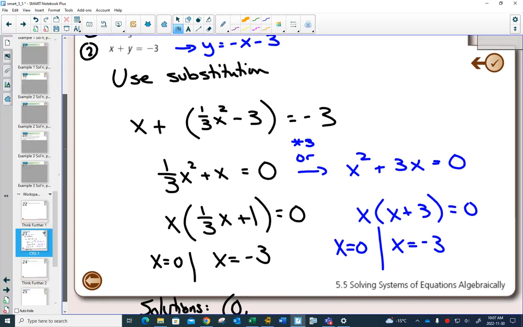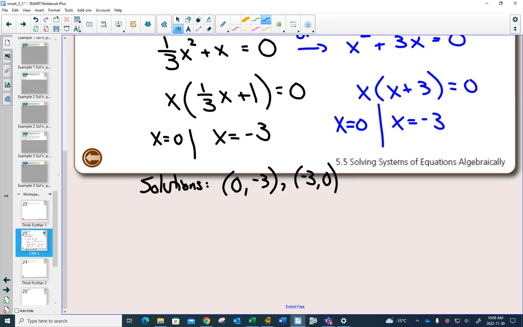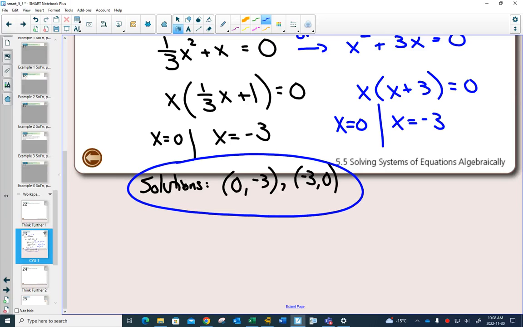Scroll up just a bit so you can see the negative x minus 3. If you plug in 0, you would get negative 3. The other solution is when you plug in negative 3. If you plug in negative 3 for x, negative 3 would be positive 3, minus 3 would be 0. So these are the two solutions to this question. I'd like you to try questions 3 and 5 right now.